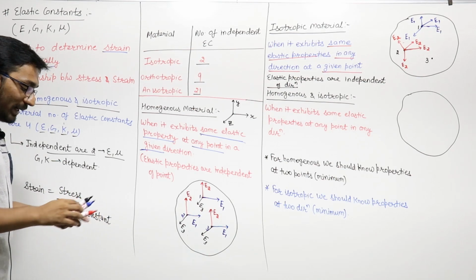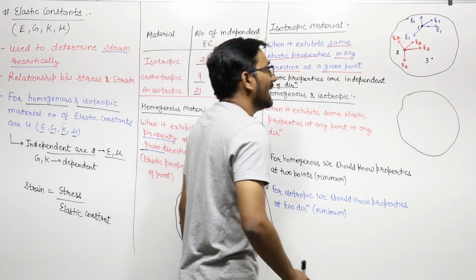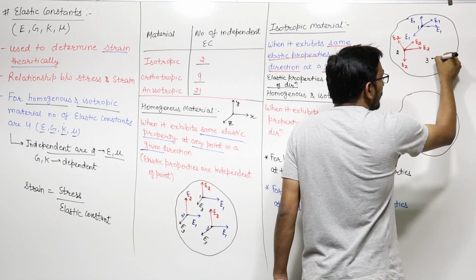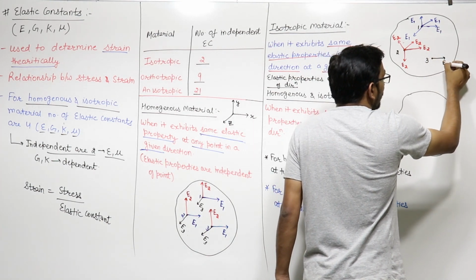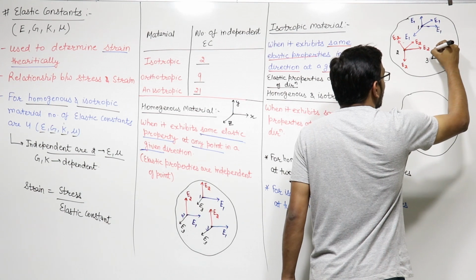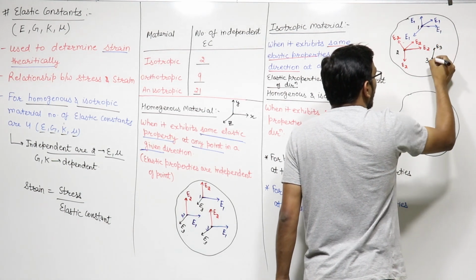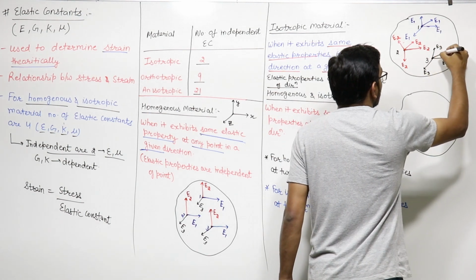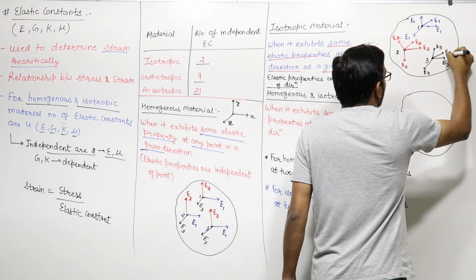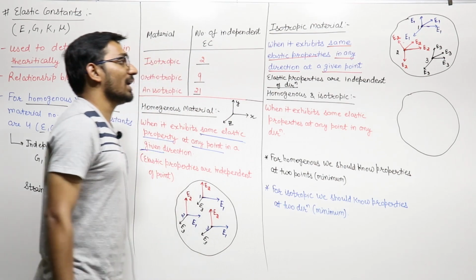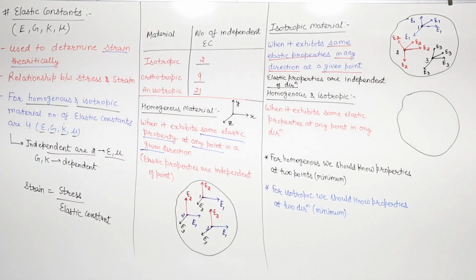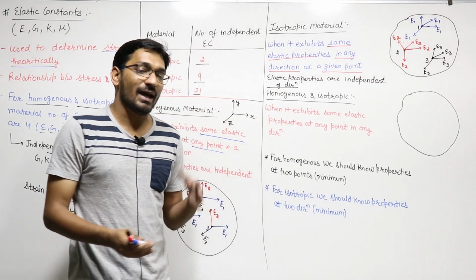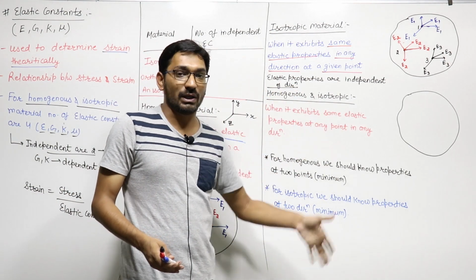If I change to point 3, let us say at point 3 the property value will be E3, so in all the directions the value will be E3. Right? So this type of material is known as the isotropic material, in which the elastic property is same in any direction at a given point.